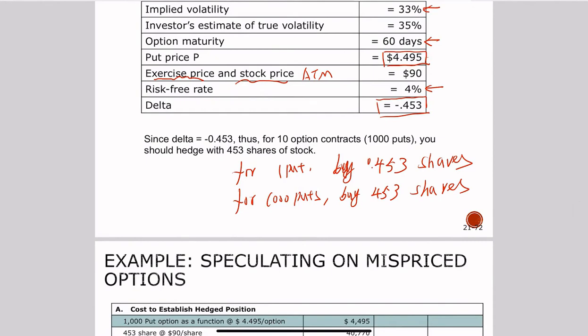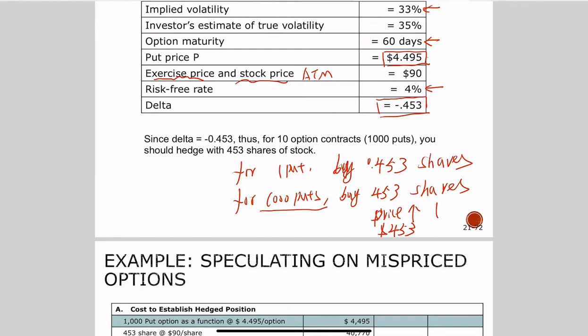Because you can see that if share price, let's say if share price increases by 1, right? Then your equity position will increase by $453. And what about your put position? Well, we know your delta is minus 453.